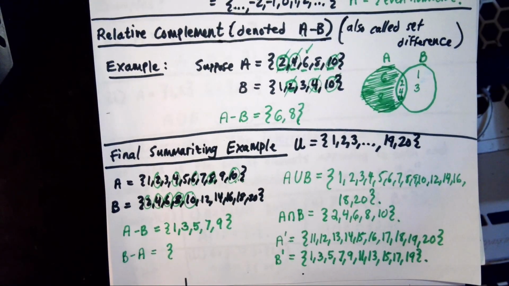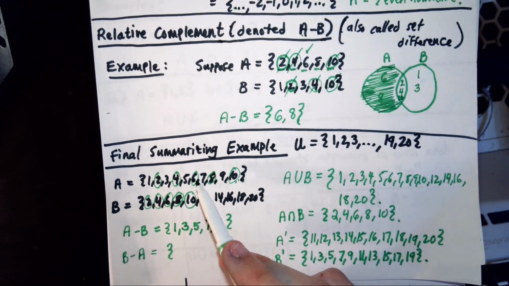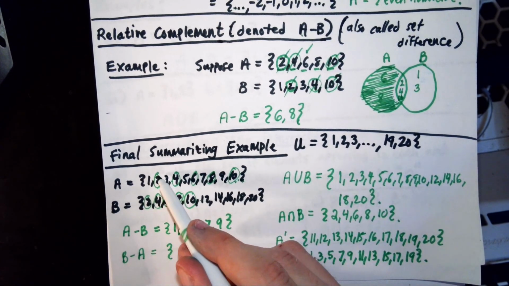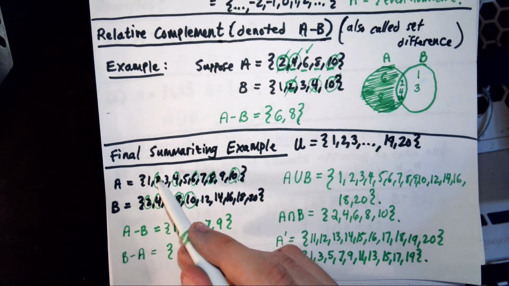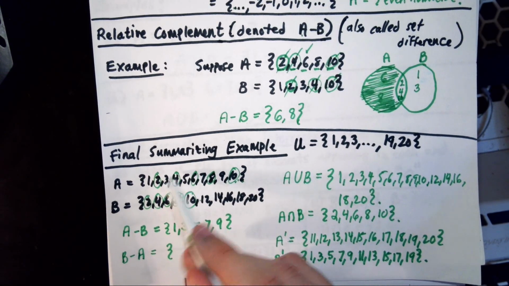So B minus A is the relative complement. B minus A, we consider all the elements of B: 2, 4, 6, 8, 10, 12, 14, 16, 18, 20, and we throw out anything that's in common that's in A. Well, notice that the stuff that I circled is what's actually in common between these sets, right?